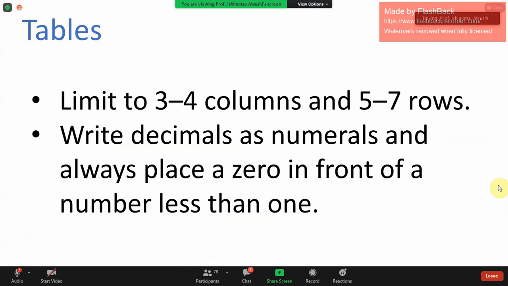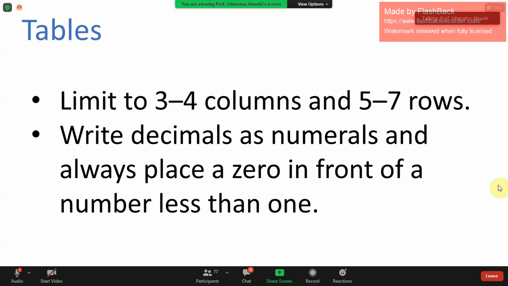So that was fonts. Now I'm talking about tables. Tables consist of vertical columns and horizontal rows. The recommendation is to limit the number of columns to 3 or 4, and the number of rows to 5 to 7, not more.